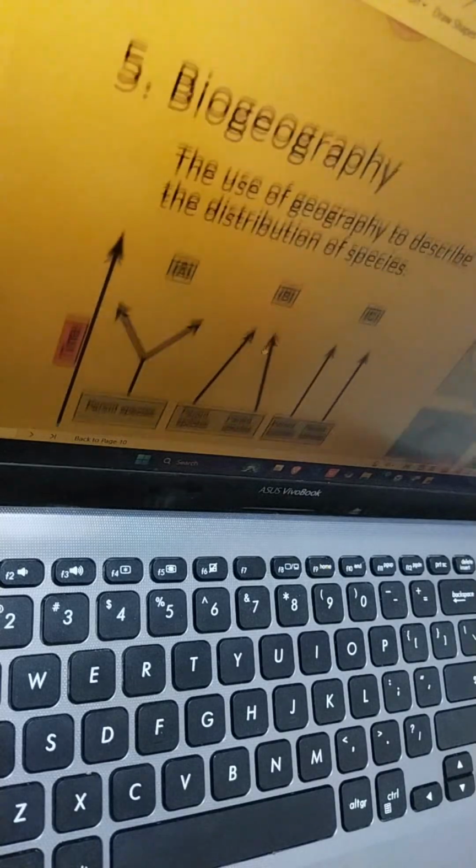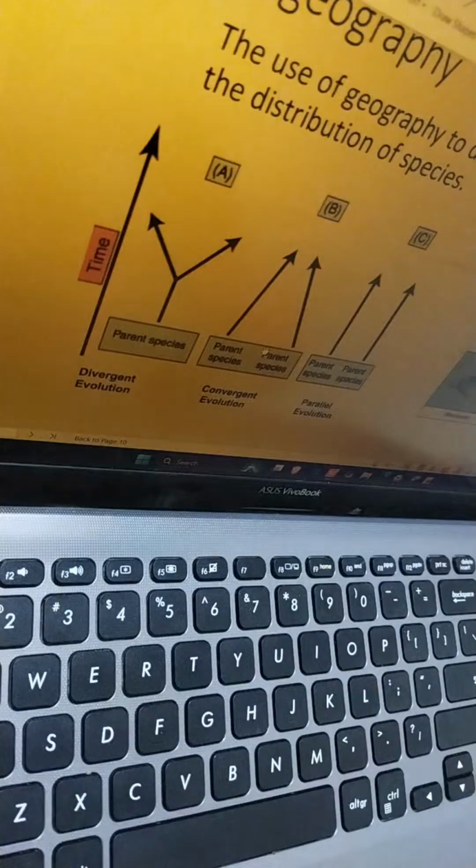Then biogeography, the use of geography to describe the distribution of species. These are divergent evolution, convergent evolution, and parallel evolution. Divergent evolution: the same parent species gets separated by geographical change, and evolution happens.